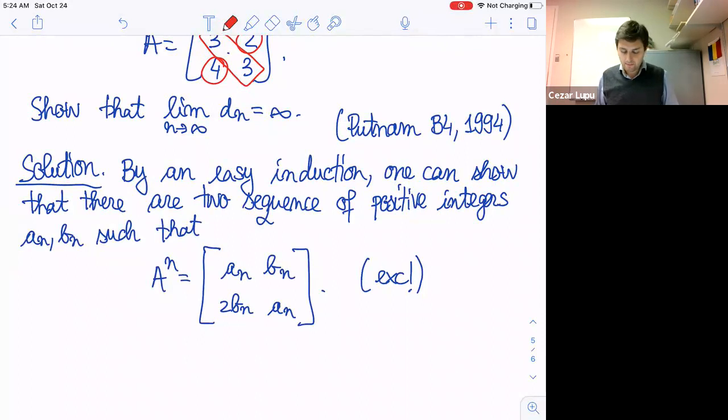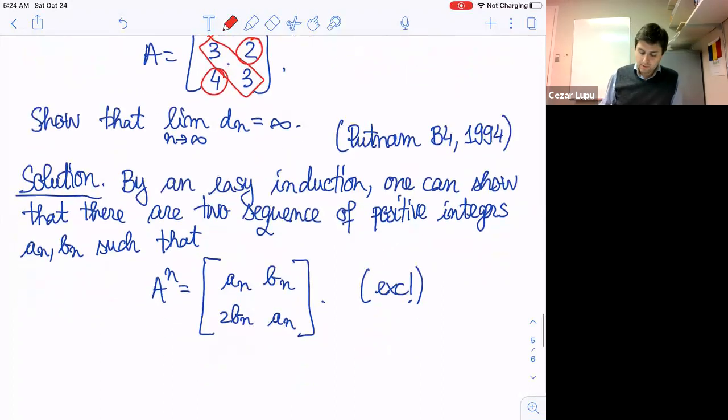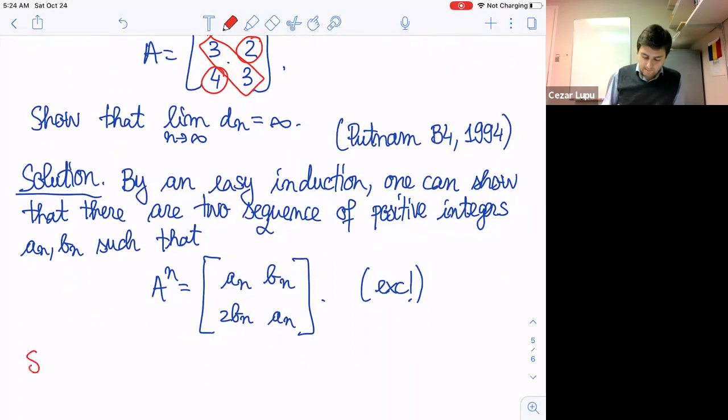There is one thing here. You see, we know that, so since, if we take the determinant, we know that since the determinant of a to the power n is 1, right?